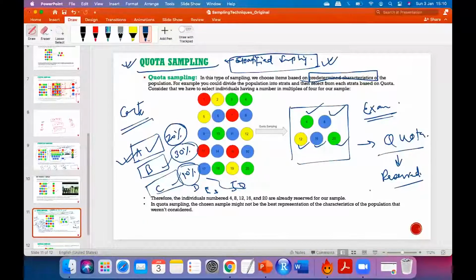So, any predetermined characteristics, right? In a way, if you see here also, we are dividing it into strata. Let's say I've divided 20% belonging to category A. That means all those 20% will be belonging to category A, and then I'm selecting a few people from there.